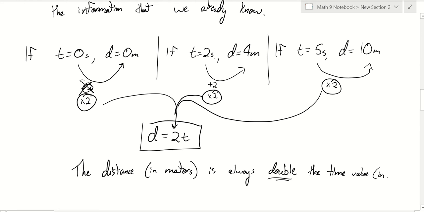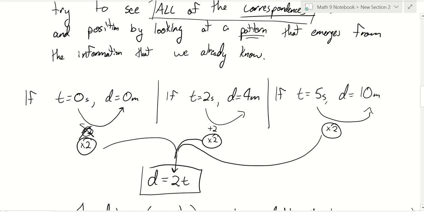Not in minutes, not in hours, in seconds. There we go. So the distance in meters is always double the time value in seconds.